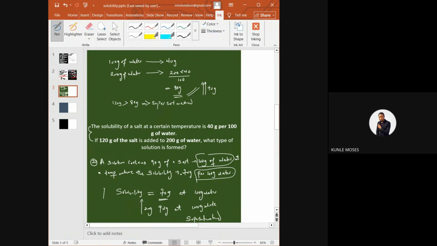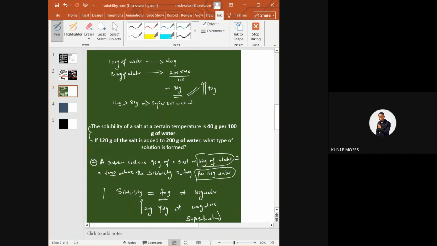Now, they gave us 120 grams of salt that is dissolved in 200 grams of water. It simply means 200 grams multiplied by 40 divided by 100. So we have 80. And the actual should be what? The actual should be 40. Isn't it? No, sorry, we got 80. Is it 80 that we got?